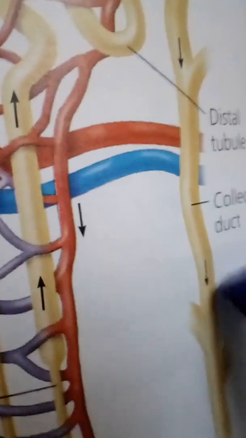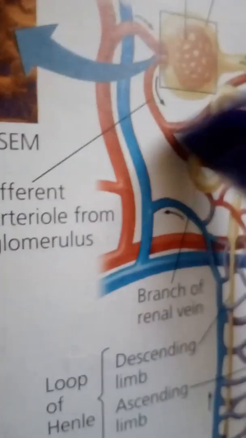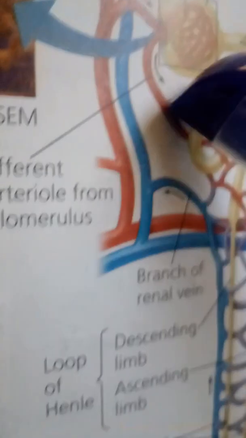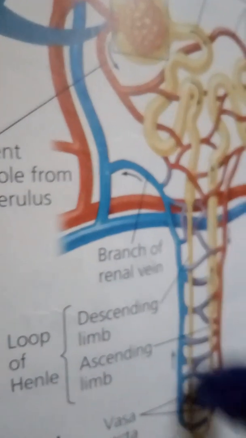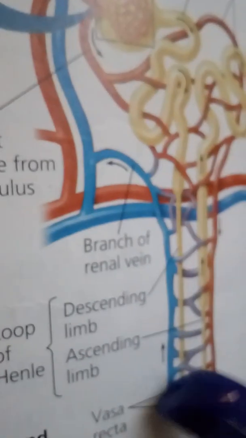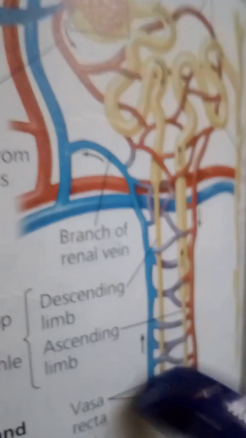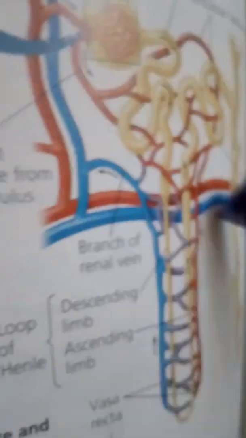And notice also the branch of the renal vein, the descending limb, the ascending limb, and the vasa recta here, and the loop of Henle. These are the functions. Okay, thanks for listening.